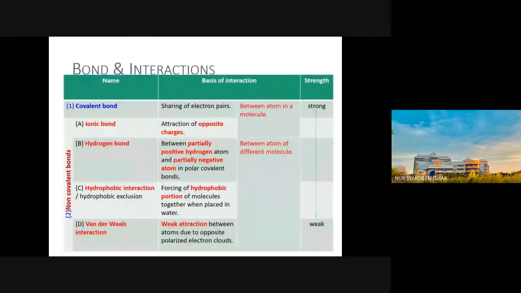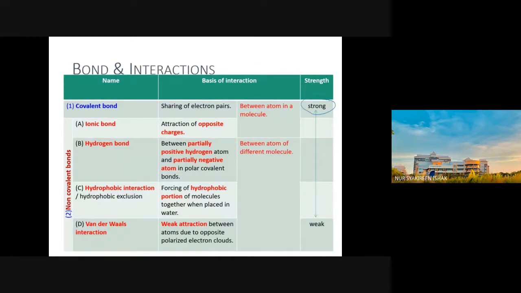This table shows you the different types of bonds that exist between atoms within a molecule, or atoms between different molecules. The first bond is the covalent bond. The covalent bond is a strong bond.